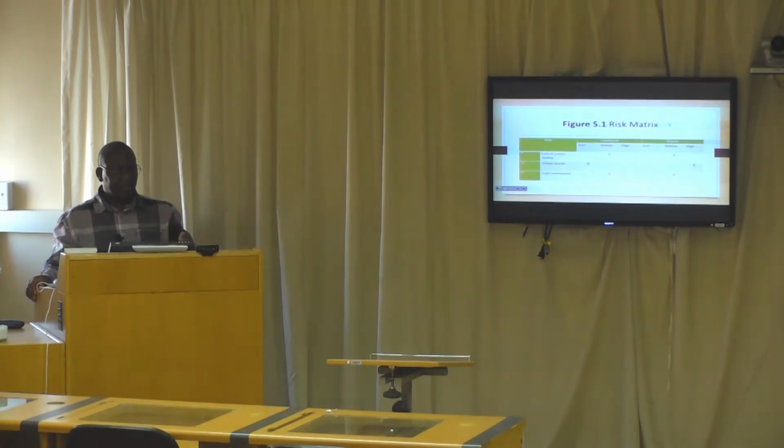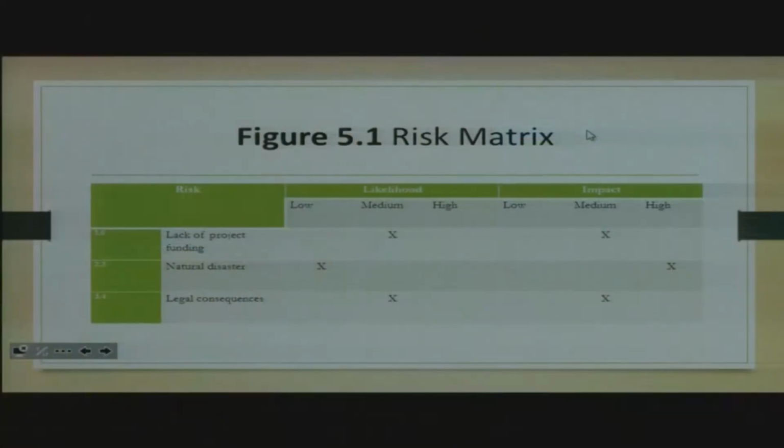Then the second one, we got activity 2.2, where here they foresee a natural disaster. Then they ask themselves, what is the likelihood for this natural disaster to take place? They said the possibility is low, but what if it does happen?